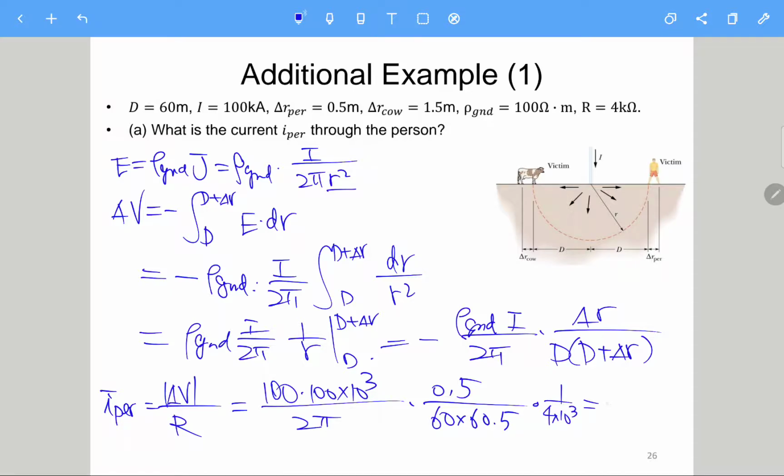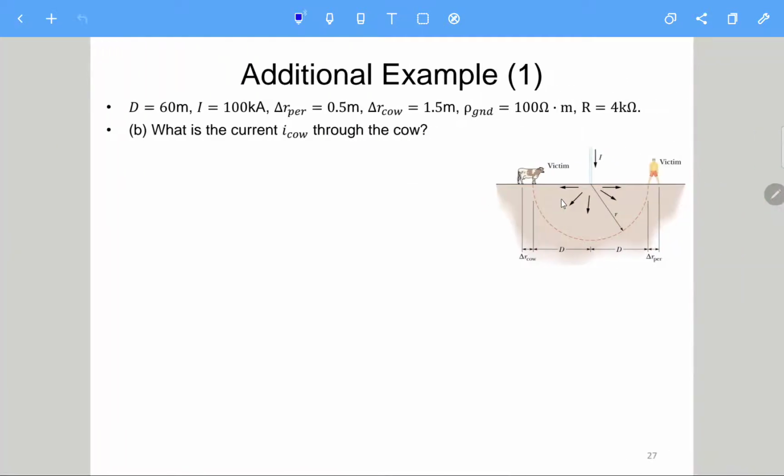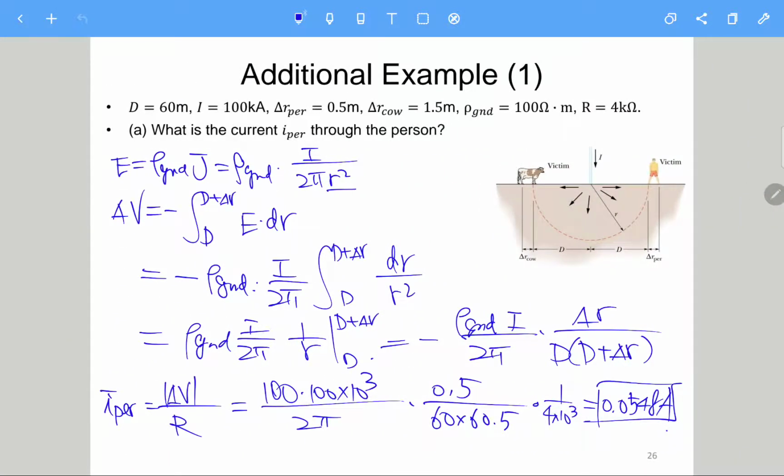So the current will be 0.05488. This current is going through the person from here to here.